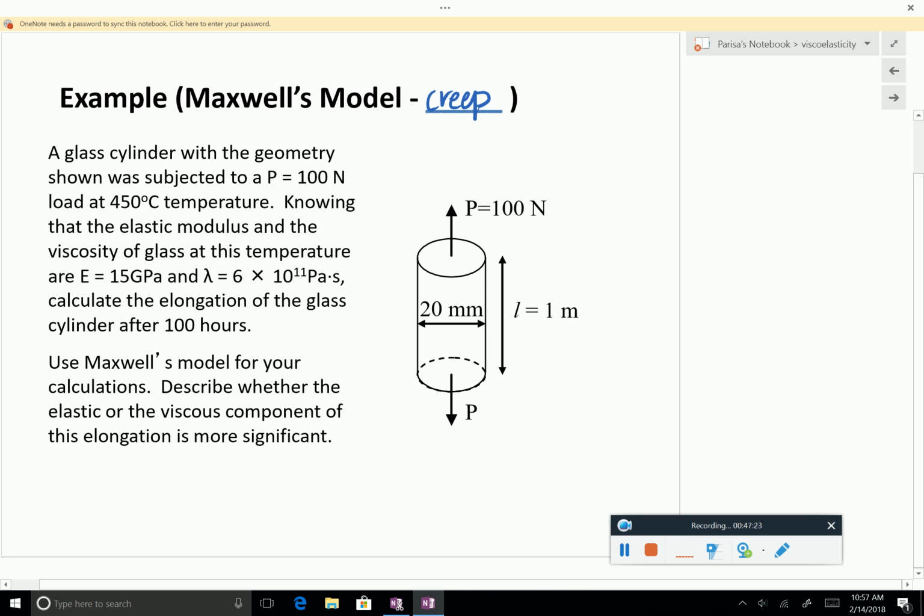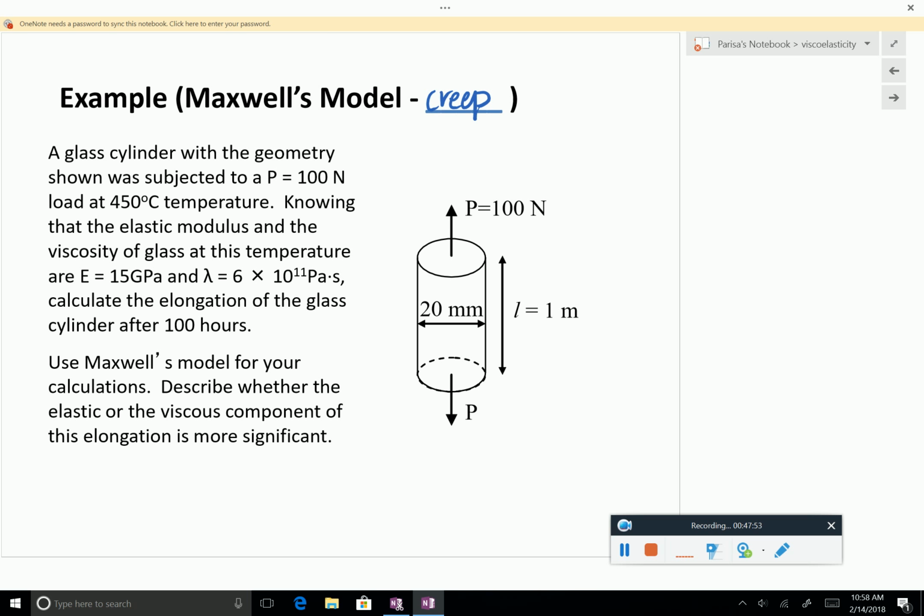It's creep. But why is it creep? Because you see there is a cylinder, given the load is constant and at the temperature. And we have the material parameters. We want to know what would be the elongation after 100 hours. And so the problem says you can approximate the behavior of the model with the Maxwell model.